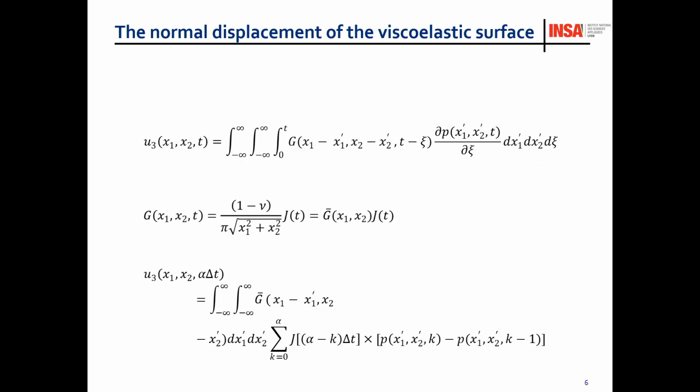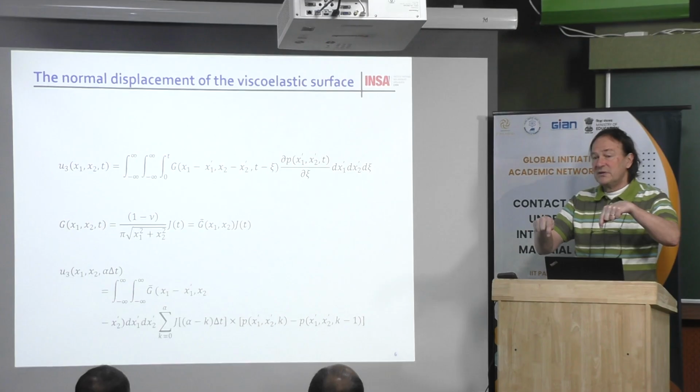Then these are the equations. This time, U3 means vertical displacement. Then this is the vertical displacement due to the load. Then you can still see here the pressure. And this time we have the Green functions that depend not only on the distance from the contact point, because for example x1 minus x'1 corresponds to the distance from the loading point to the point you are considering.